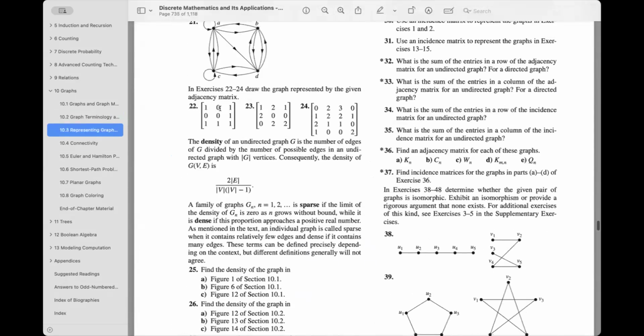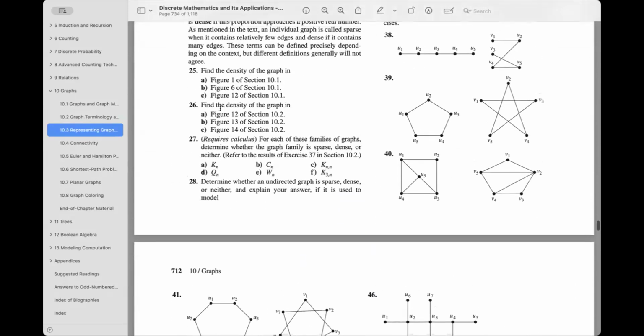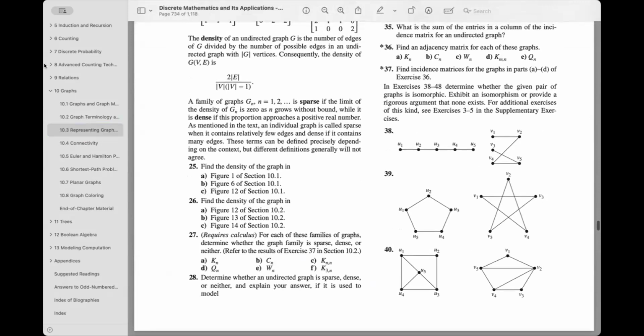Which chapter is isomorphism? Okay, these are isomorphic graphs. So bijection in relation to graphs is typically used to prove whether 2 graphs are isomorphic.